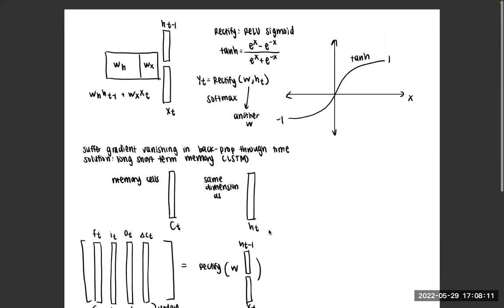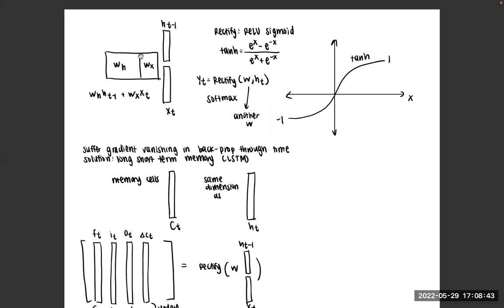And what about the rectification and the transformation? So for the transformation, you see that we concatenate HT minus 1 and XT as we described before. And then we multiply this matrix to this concatenated vector. So you have two pieces, right? HT minus 1 and XT. So correspondingly, you can divide this W into two parts, WH, which operates on HT minus 1, and WX, which operates on XT.